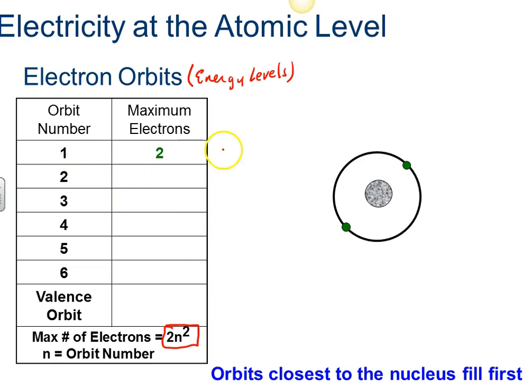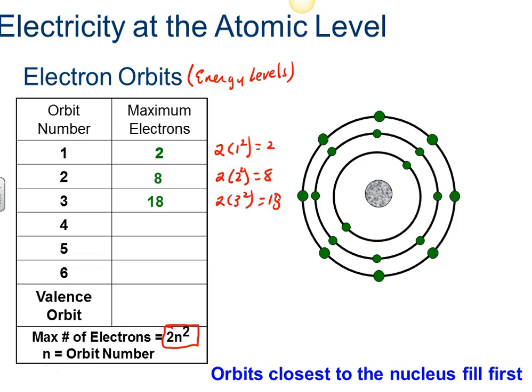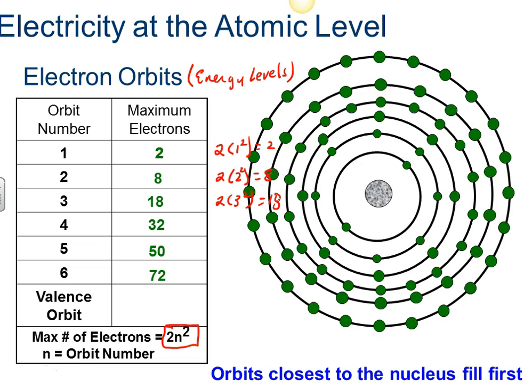So if we have 2 times 1 squared, that equals 2 electrons. If we have 2 times 2 squared, 2 squared is 4 times 2 is 8 electrons. And then if we have 2 times 3 squared, 9 times 2 is 18, and so forth. We can calculate in whatever energy level we need what the maximum number of electrons is going to be.